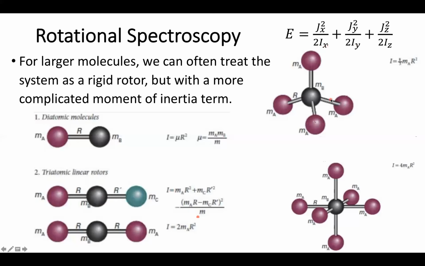And so again, if I'm dealing with a tetrahedral system, so 4 atoms on the edge, it turns out that my central atom will be the center of mass. So it doesn't actually matter what the identity of our central atom is at all. Instead, the moment of inertia will entirely depend upon the mass of the exterior atom and its distance.